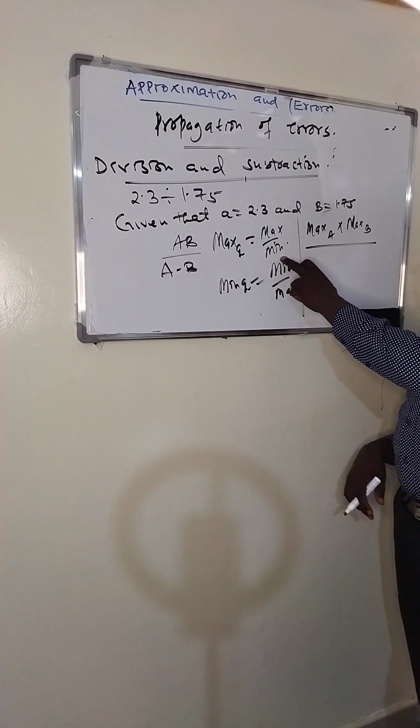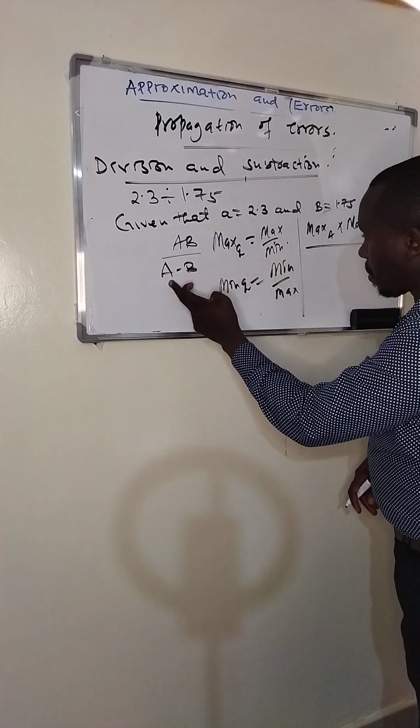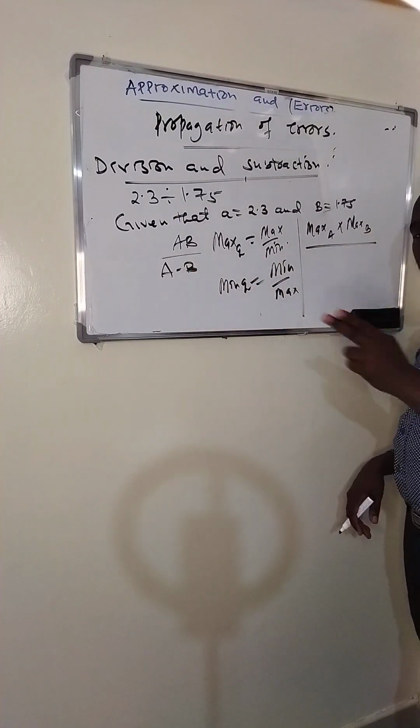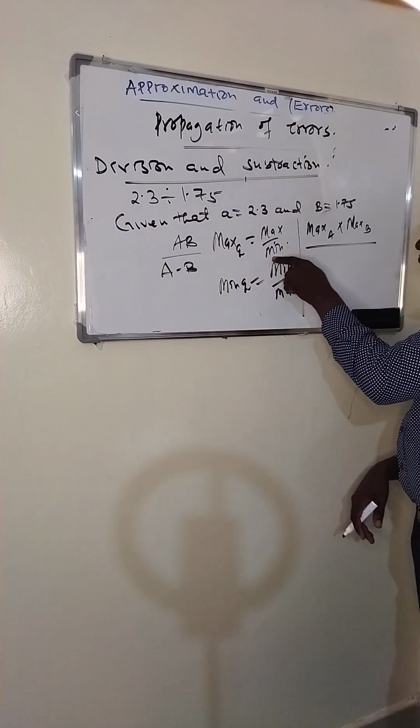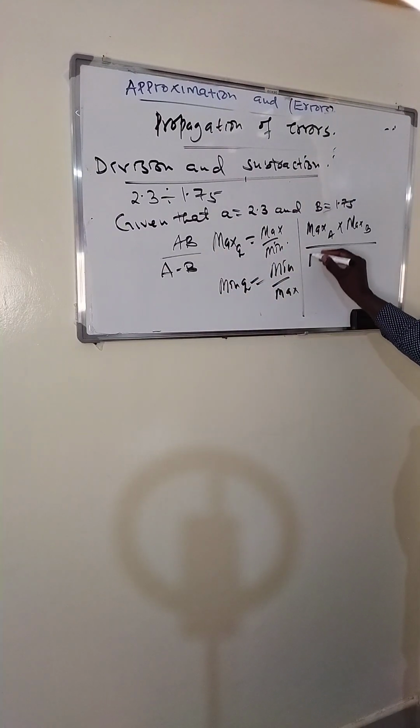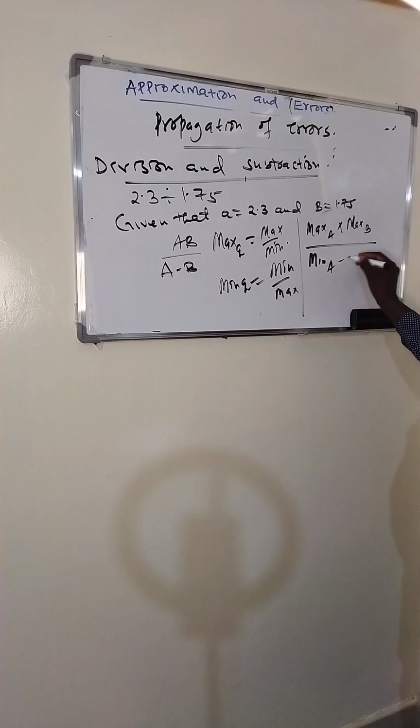And the minimum is minimum minus maximum in subtraction. So you take minimum A minus maximum B. So this will now give us the maximum quotient.